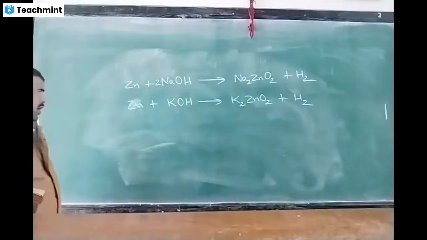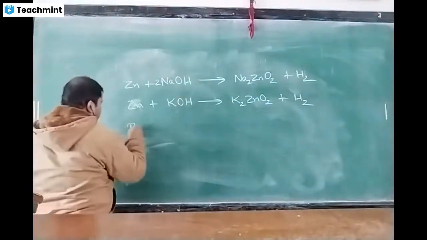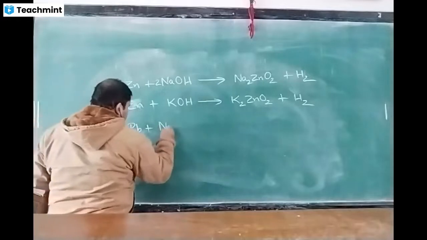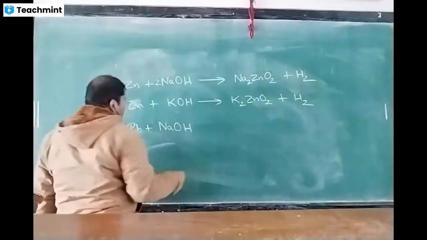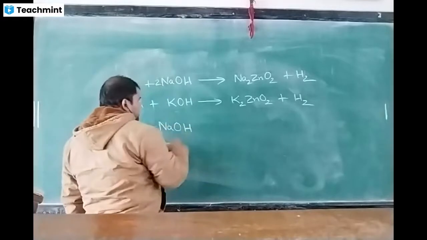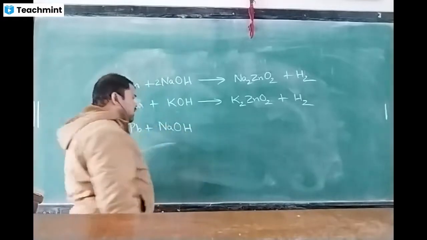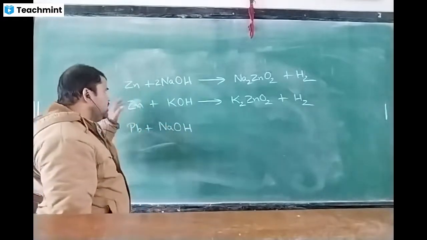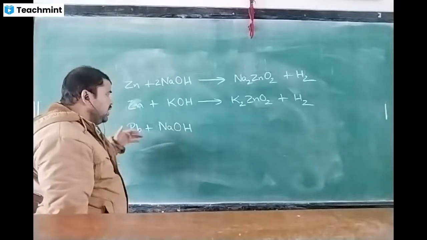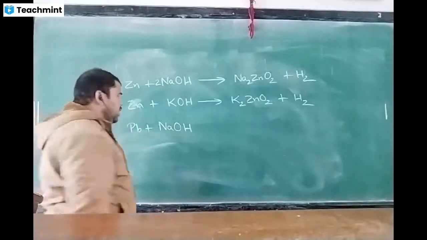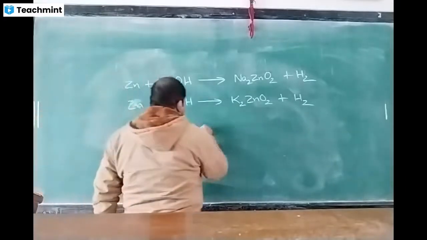And when lead reacts with sodium hydroxide, these are strong alkalis. We take strong alkalis. Metals such as zinc, lead, aluminium react with strong alkalis, and we get the salt plus hydrogen gas.